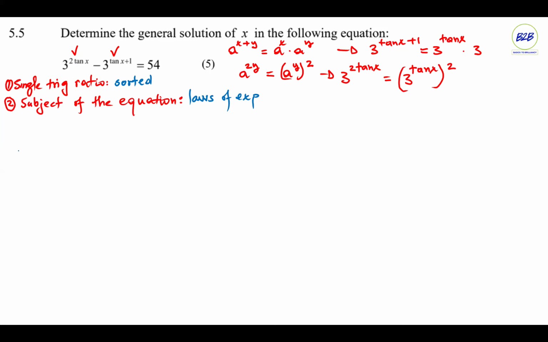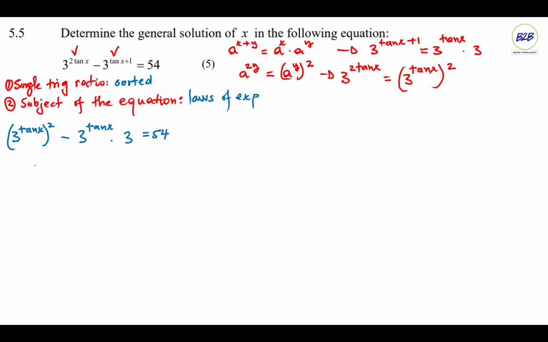So let us write it down. It will be 3 to the power tan of x all to the power 2 minus 3 to the power tan of x times 3 equal to 54. Yes.